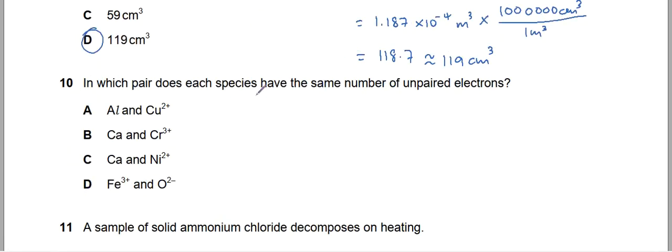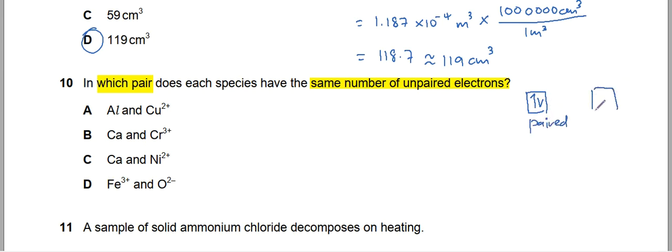So the next question: which pair has the same number of unpaired electrons? When we're talking about unpaired electrons, we have the orbital, and when we have two electrons, this is paired.